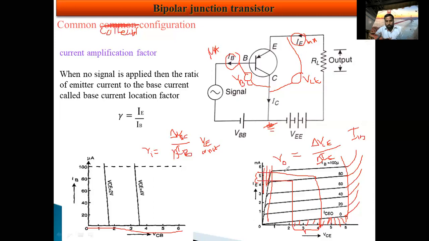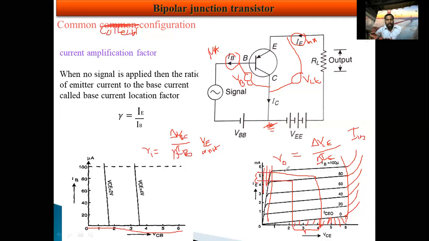In this video lesson we discussed the three configurations of a transistor: common base, common emitter and common collector. In these configurations we find transistor parameters like input dynamic resistance, output dynamic resistance and current amplification factors. Three current amplification factors were discussed.